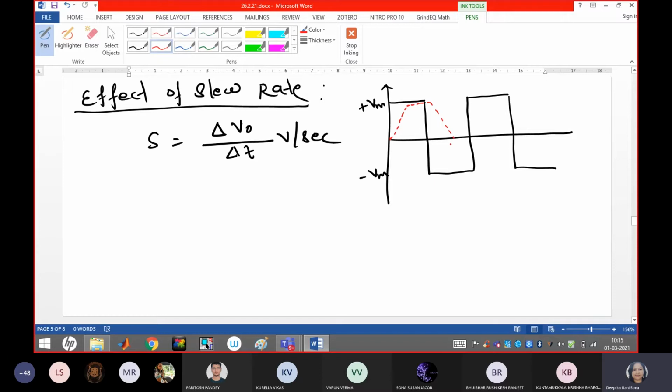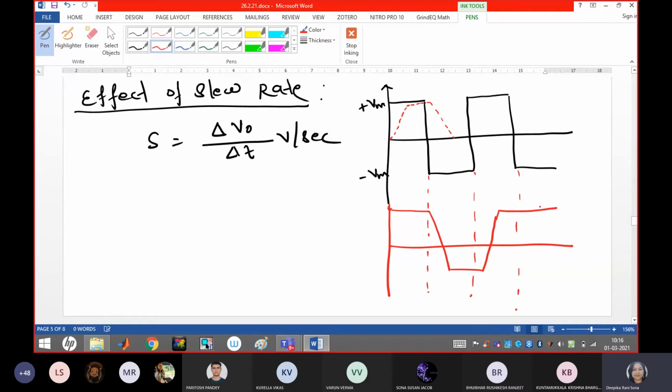How much it is distorted, if I redraw the graph. Now what is the new axis? Where has it shifted? It is tilted like this, no? And it is slightly deviating from the desired one. It will be like this as per the new figure.